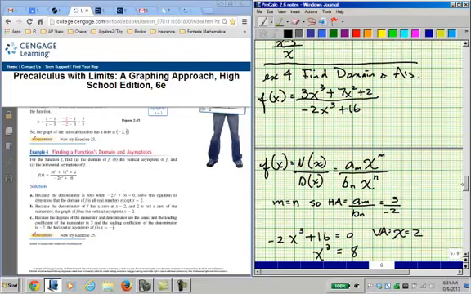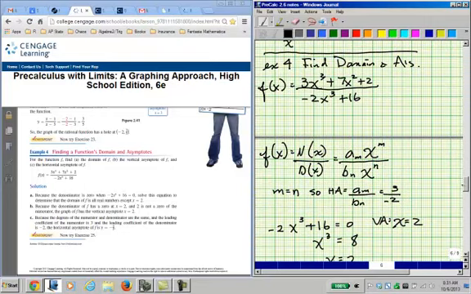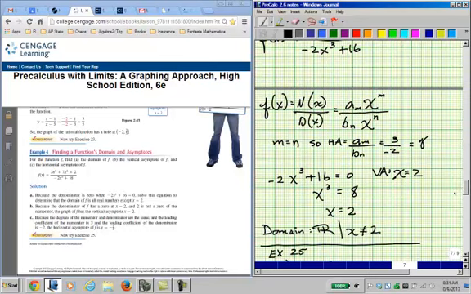So again, we're just going to factor. First we'll look at horizontal asymptotes just to get that out of the way. And we're going to see again the degrees are the same of the leading terms. So the horizontal asymptote is going to be negative 3 over negative 2, or negative 3 over 2 equals y. So let's factor the denominator, and we take negative 2x cubed plus 16 equals 0.